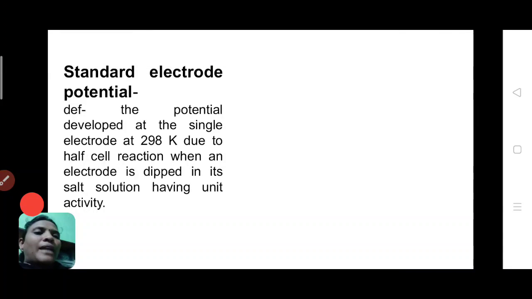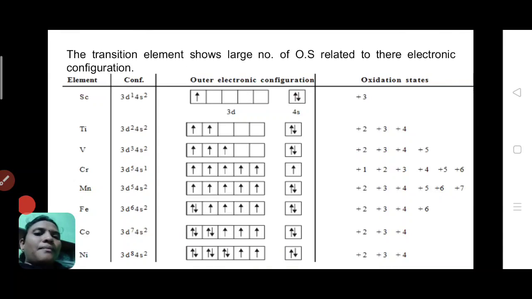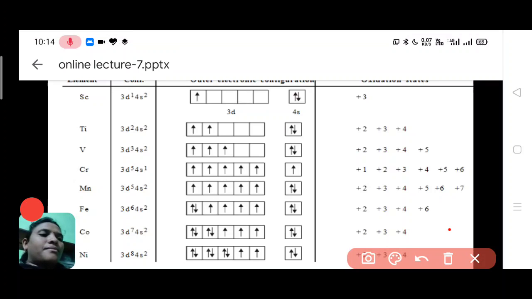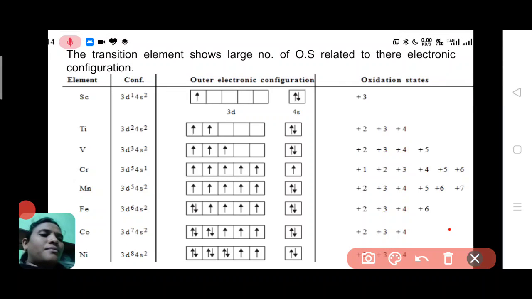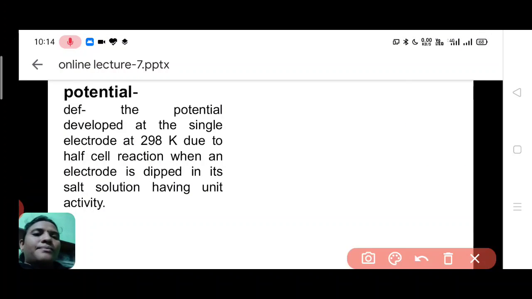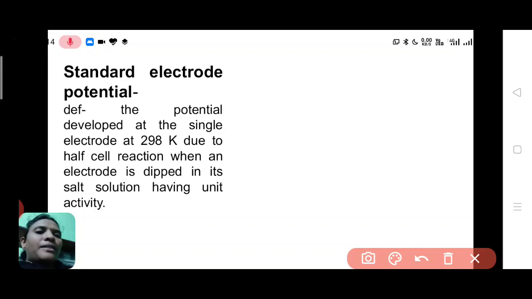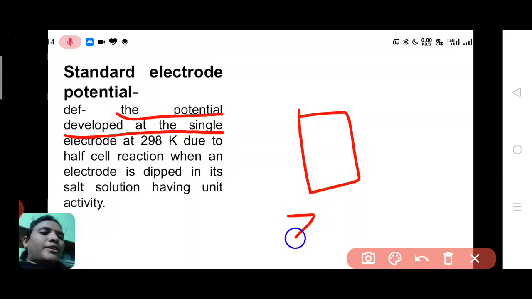See, the potential developed at the single electrode. This is a single electrode. We have learnt two electrodes, zinc and copper. So here zinc is a single electrode and copper is another single electrode.